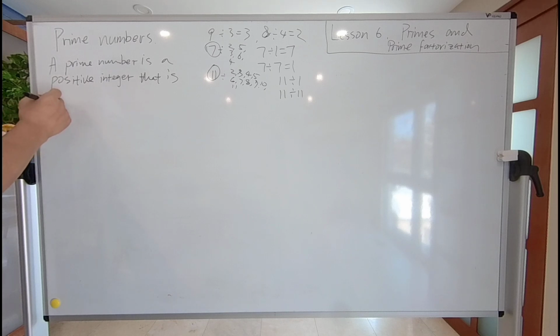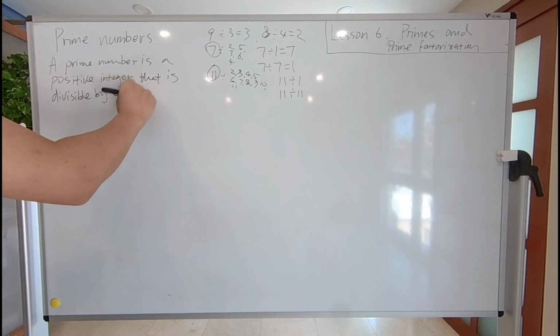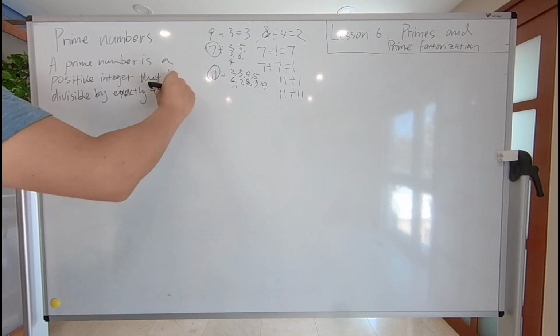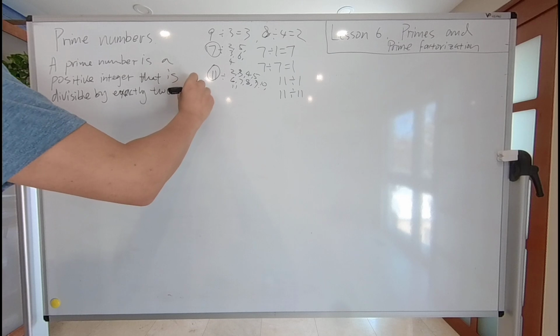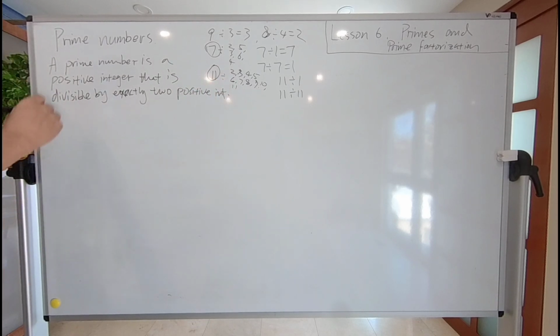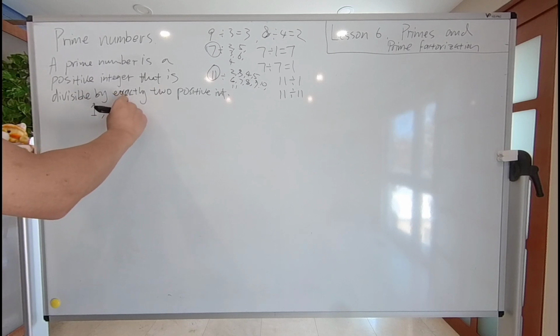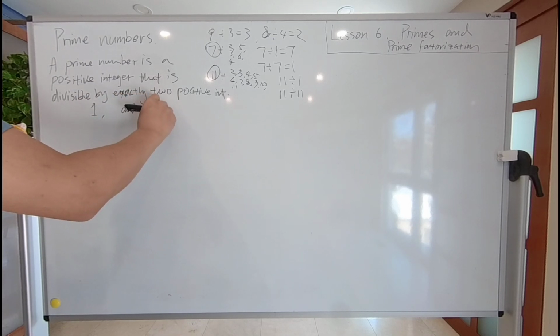So it's a positive integer that is divisible by exactly 2 positive integers. That is 1 and the number itself.